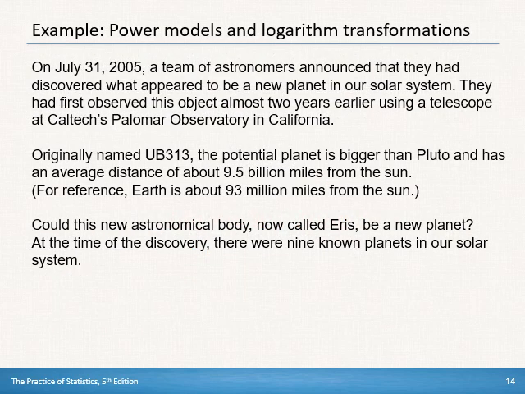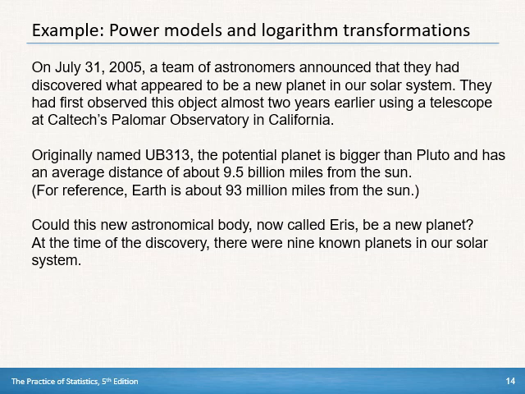So let's investigate this transformation of curved data into a line by looking at an example. On July 31st, 2005, a team of astronomers announced that they had discovered what appeared to be a new planet in our solar system. They had first observed this object almost 2 years earlier using a telescope in California.